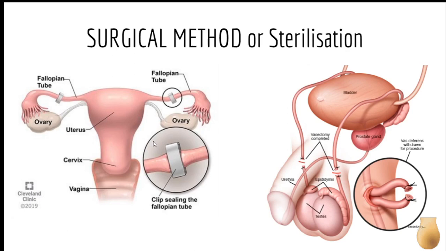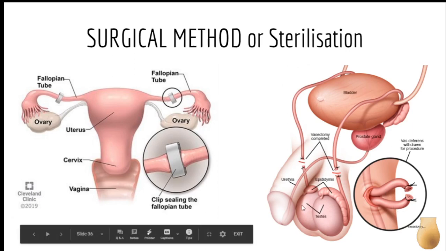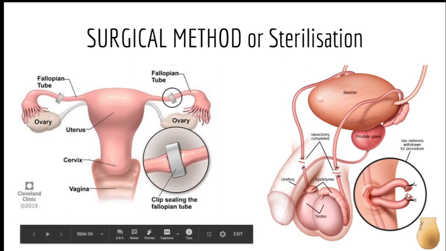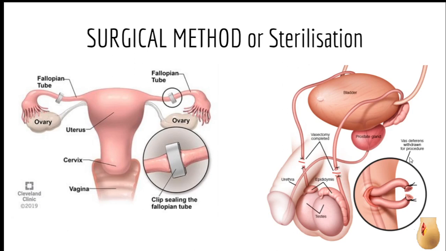Obviously, it should be called tubectomy because the fallopian tube has been cut and tied up. And on your right side you can see the vas deferens has been taken out and it has been cut and then tied, and obviously the name of it is vasectomy.